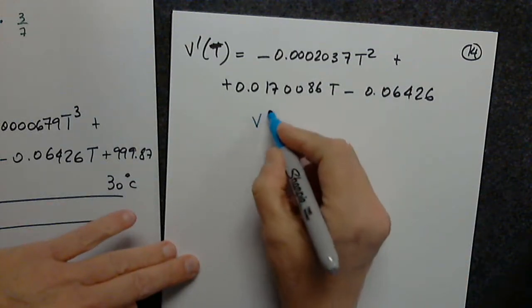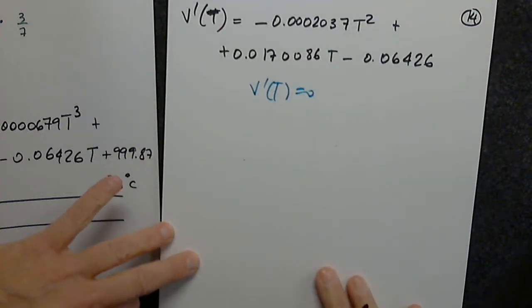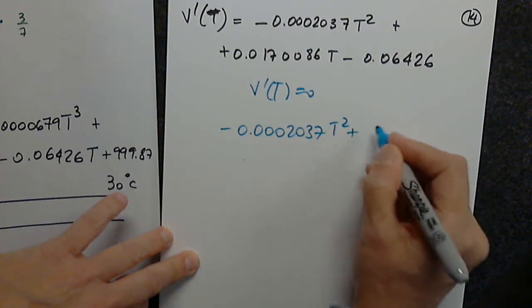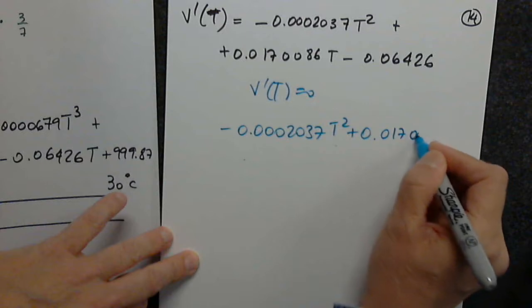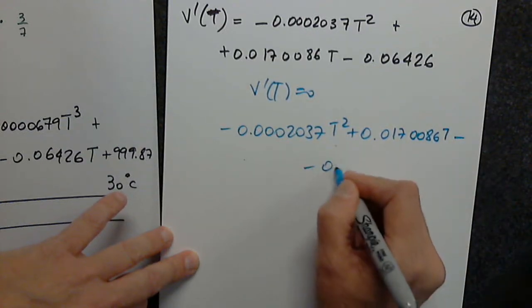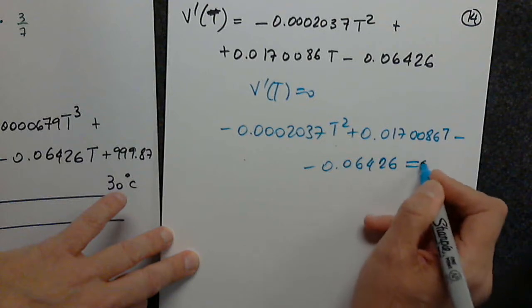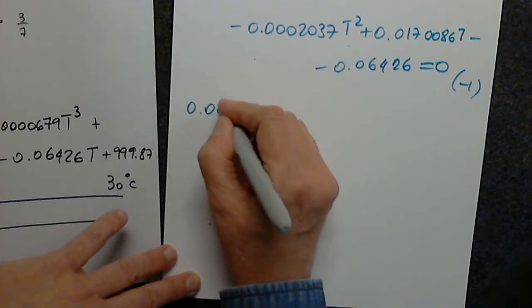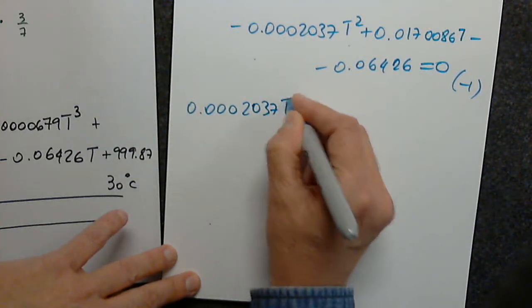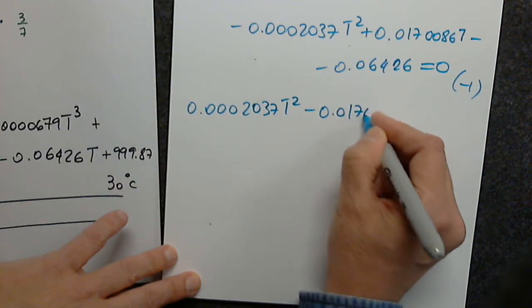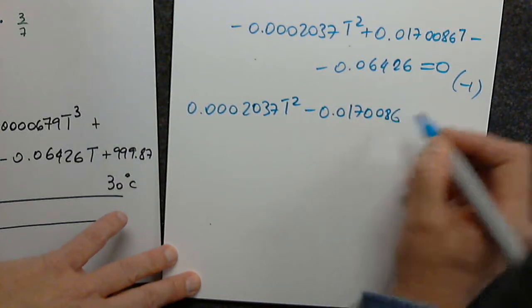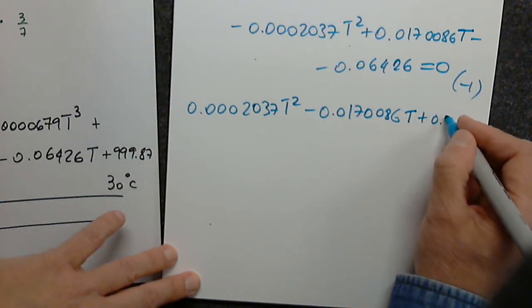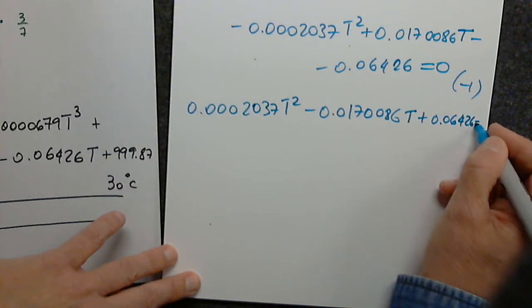Okay, so now I have v prime of t equals 0. So negative 0.002037 t squared plus 0.0170086 t and minus 0.06426 equals 0. I will multiply both sides by negative 1: 0.002037 t squared minus 0.0170086 t plus 0.06426.